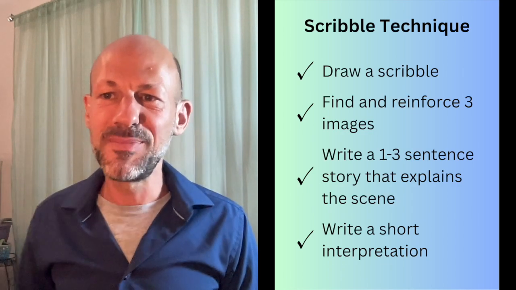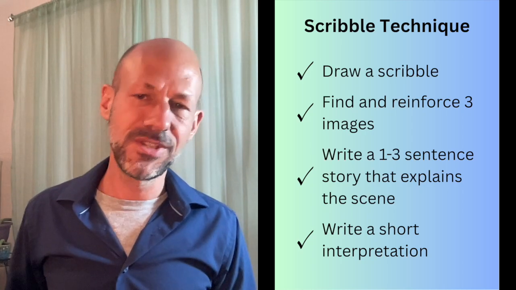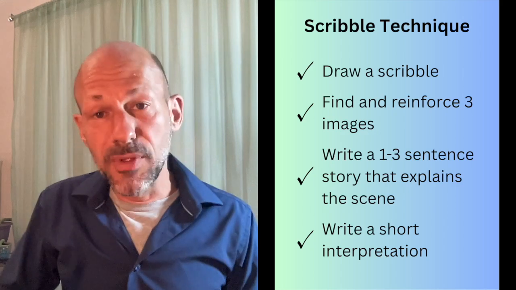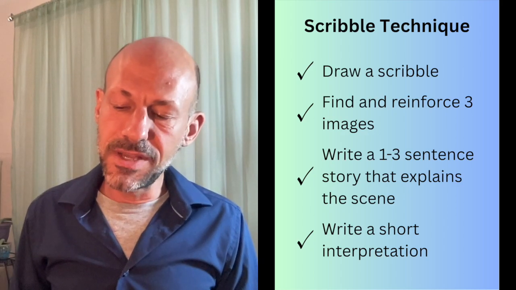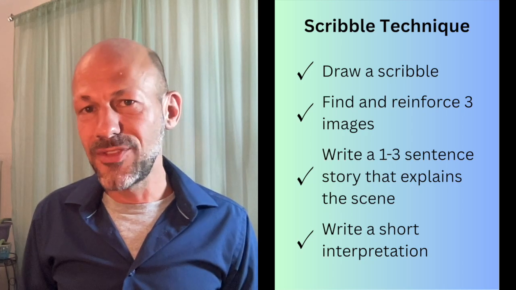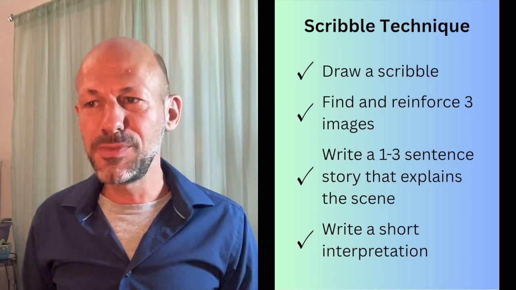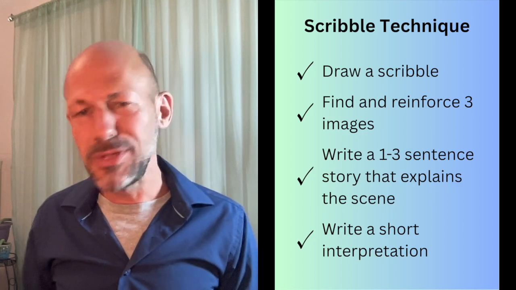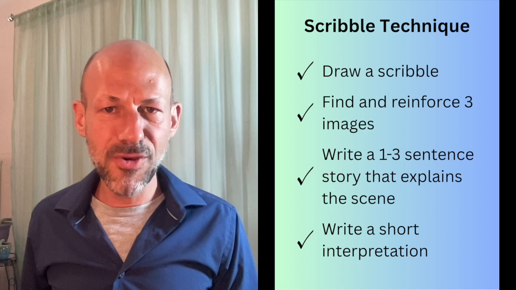Don't get too caught up in trying to make any of this perfect. Just go through the motions. So for example, if the story was the snake was about to bite the rabbit but saw the stop sign and decided to hold off, maybe my interpretation is going to be, I am learning to be more gentle with myself. You see how that works?